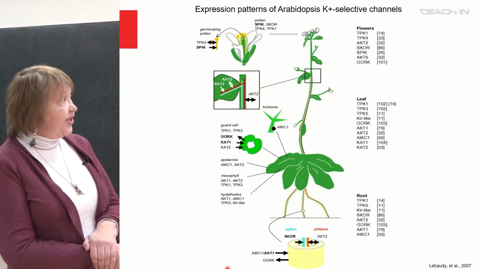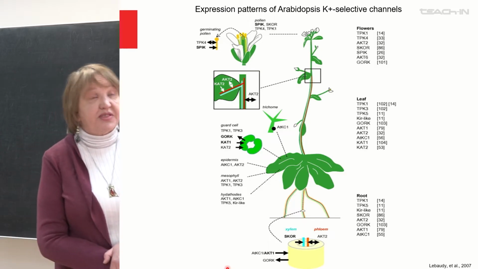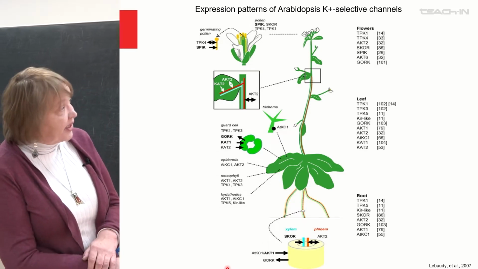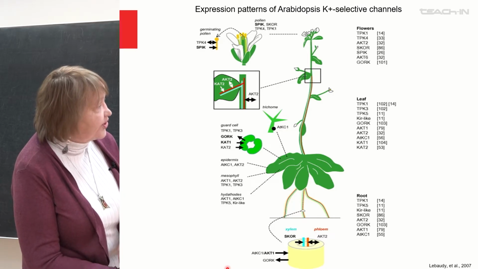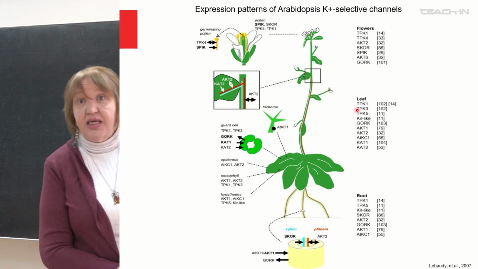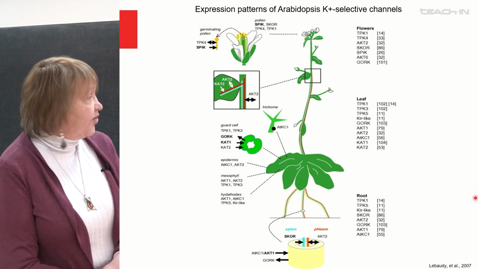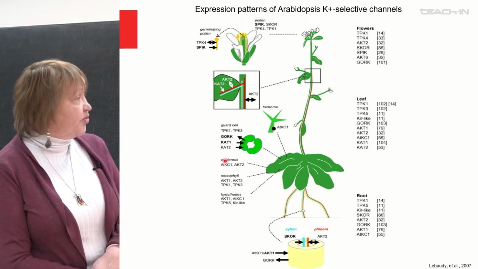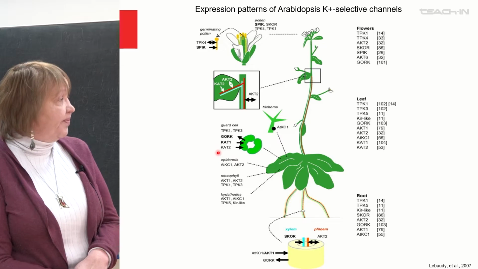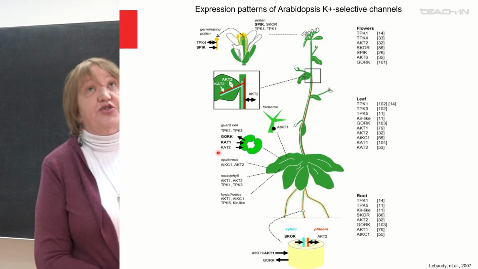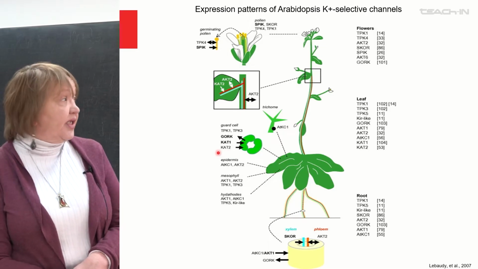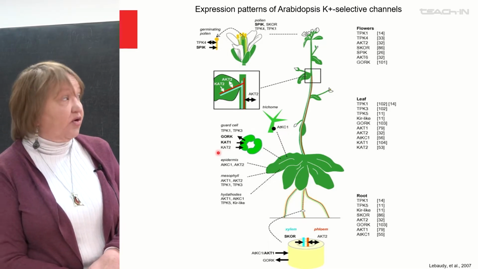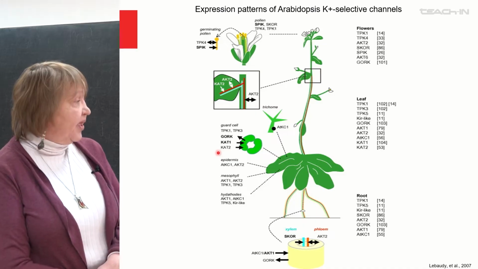So here you see a diagram of the Arabidopsis plant, and here you see the names of different transporters that are expressed in different tissues. You see the transporters that are localized specifically to guard cells, which are involved in closing and opening of stomata.